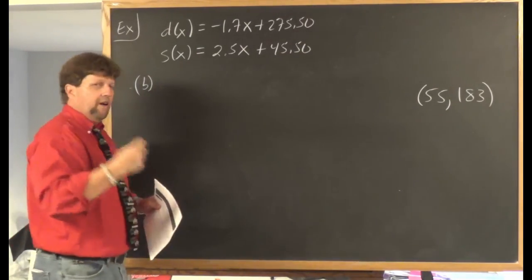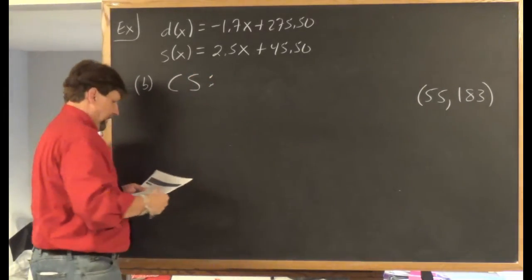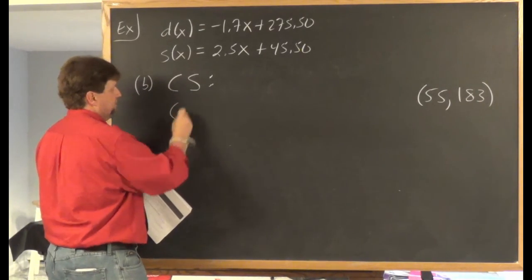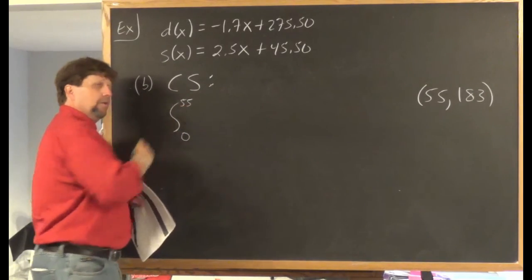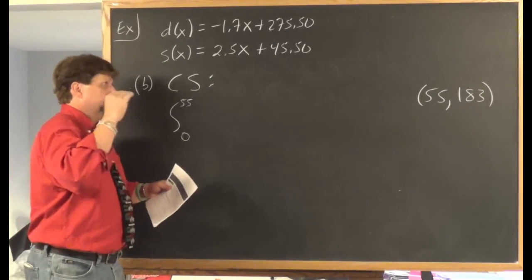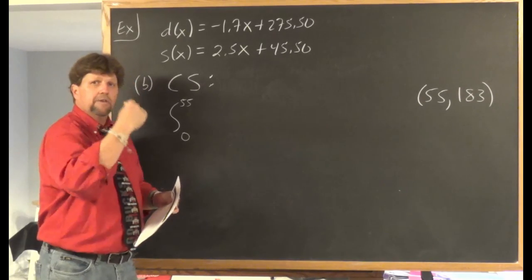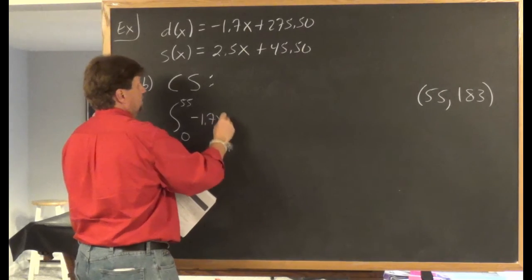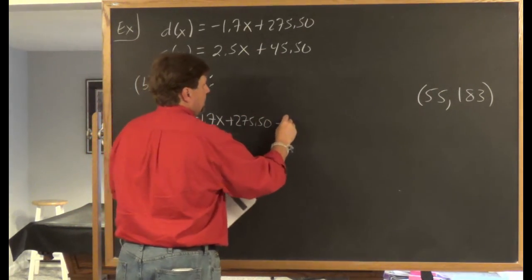Part B. Let's start off by determining the consumer surplus. The consumer surplus would be found by integrating from 0 to 55, 0 to equilibrium demand. It's the demand function minus the price.